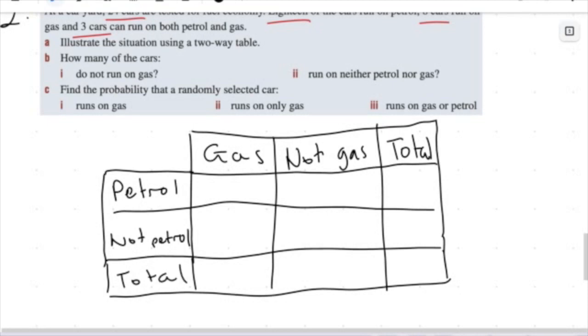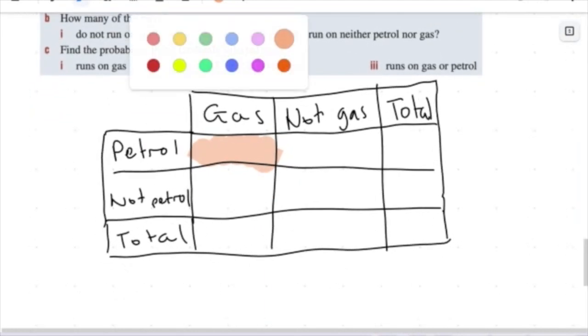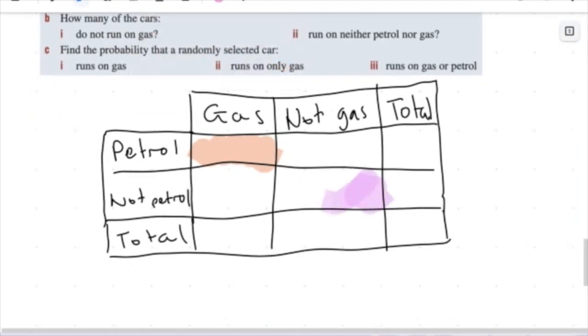Now, we can even have a think about this little grid part here, about what maybe this one would be related to our Venn diagram, as well as this one down here. Well, the number here is the people that have petrol and gas.